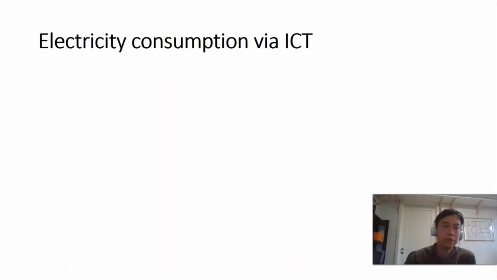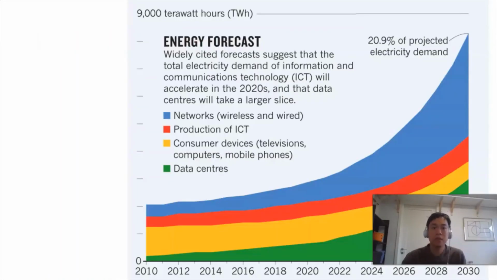So let's talk about the first part, the computer-based systems. The environmental impact regarding these systems is mainly coming from the electricity consumption. You can look at the chart, which is given by a reliable source.